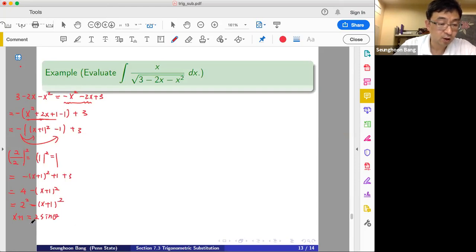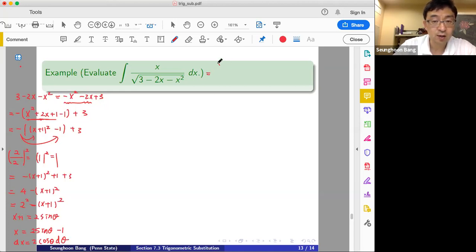Do we have it? You subtract 1, x equals 2 sine theta minus 1. What's dx? dx is 2 sine prime, which is 2 cosine theta, the 1 prime is 0, and d theta. So we have it.